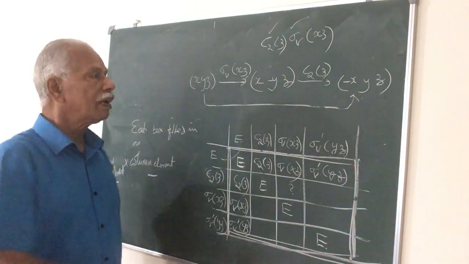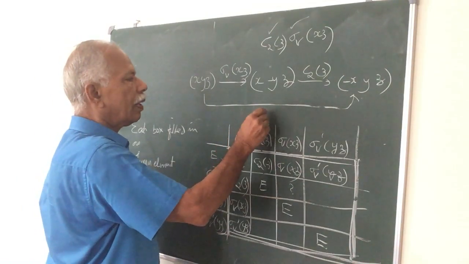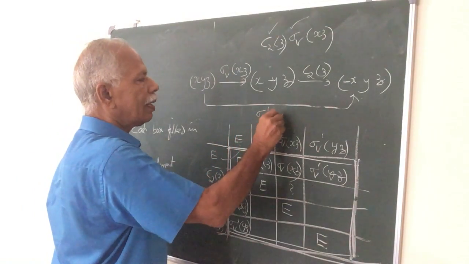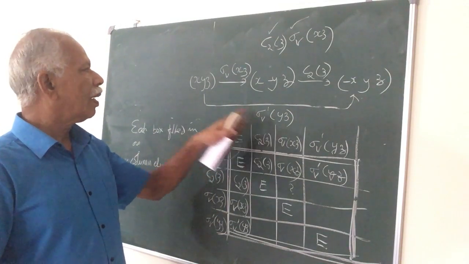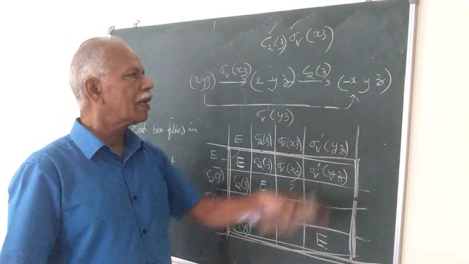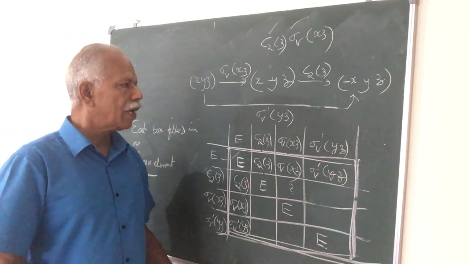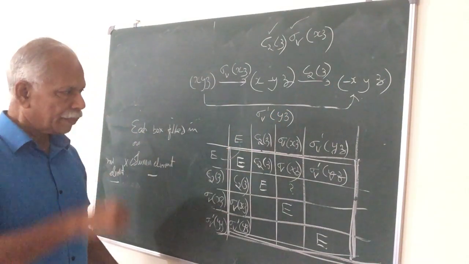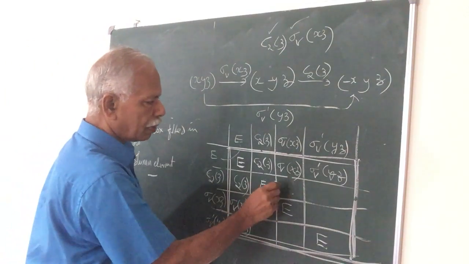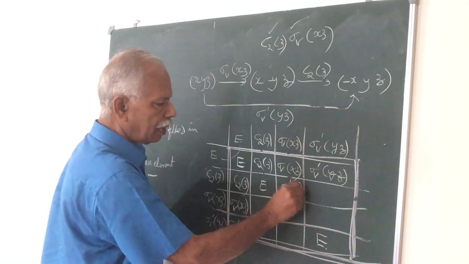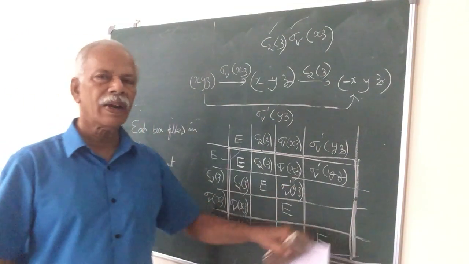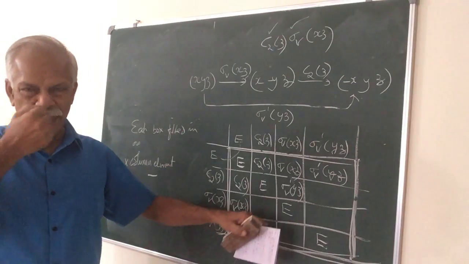It is evidently sigma v dash yz, because y and z are not changing. X is converted to minus x, sigma v dash yz. So we will write here sigma v dash yz. In this manner, you can fill in all the remaining boxes.